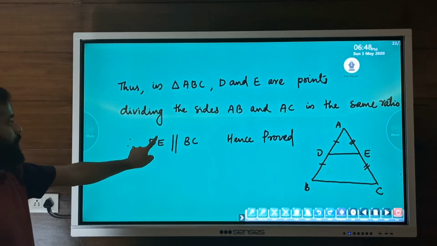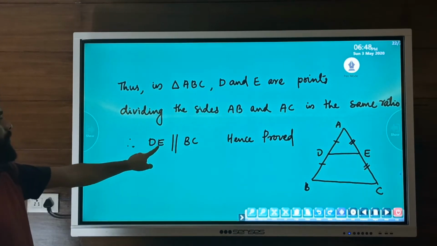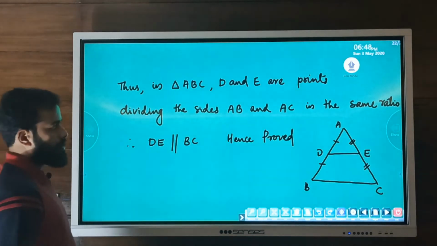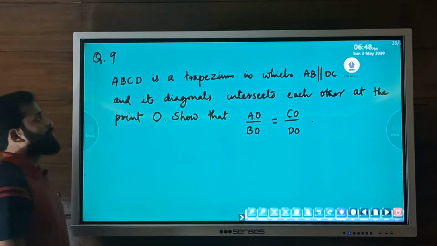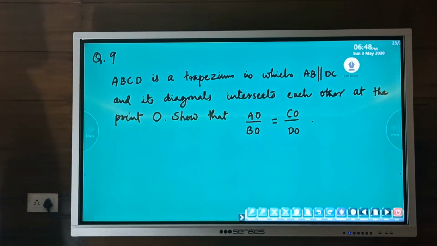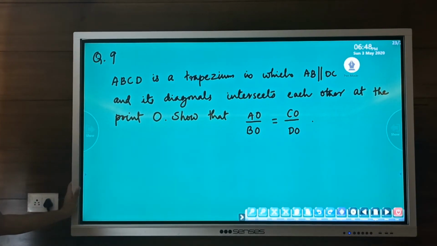Now the question number 9. ABCD is a trapezium in which AB is parallel to DC and its diagonals intersect each other at the point O. Show that AO divided by BO is equal to CO divided by DO. This is the diagram.